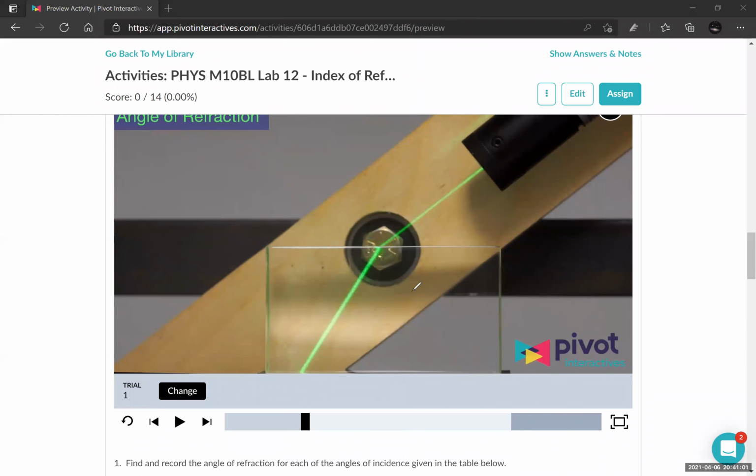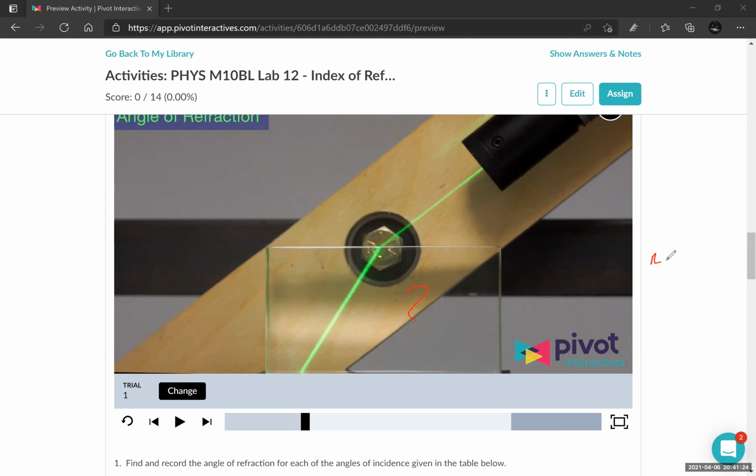Our goal here is to find the index of refraction of this acrylic. Once you experimentally determine the index of refraction of the acrylic, you're going to be given the accepted value, or the theoretical value of that. Then do a percent error to see if your experiment is successful or not.